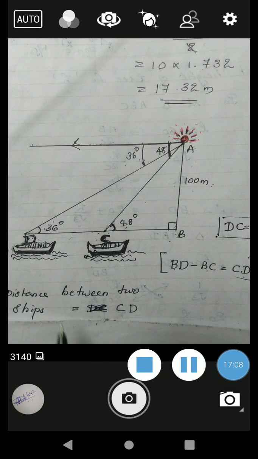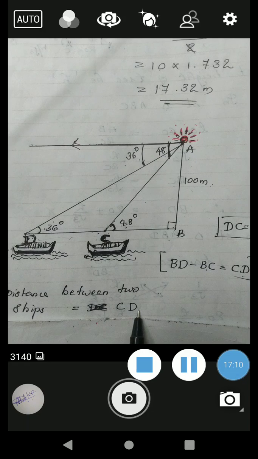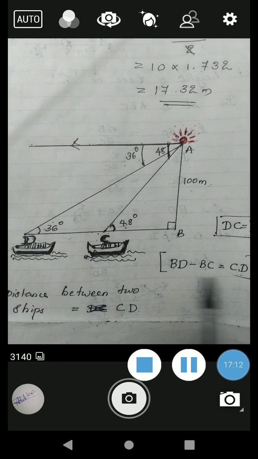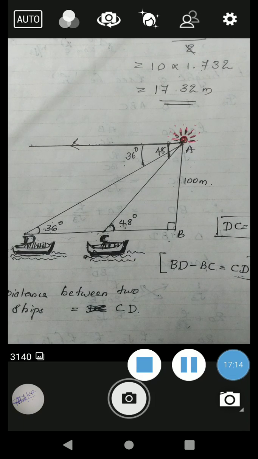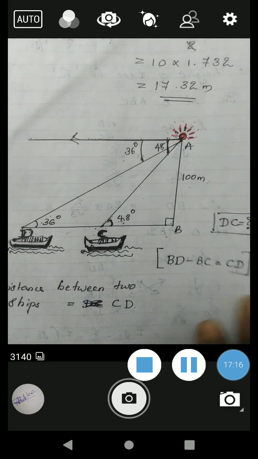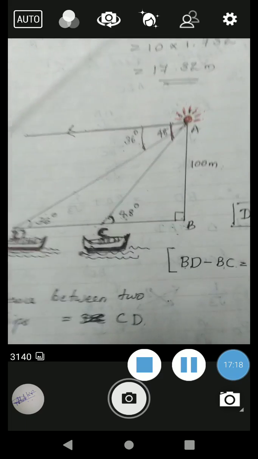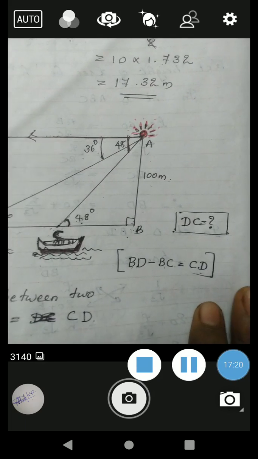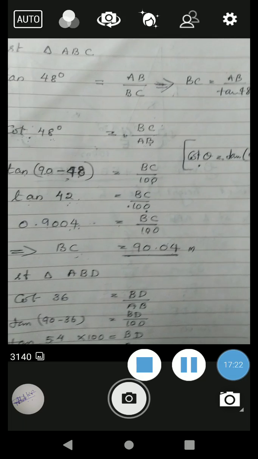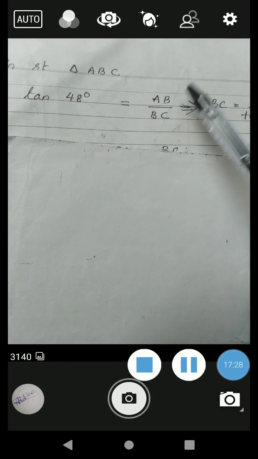Distance between two ships is CD, and we know CD is equal to BD minus BC. Now from right triangle ABC, first always you have to look at the figure and then write the steps. In right triangle ABC, tan 48 degree is equal to AB by BC.